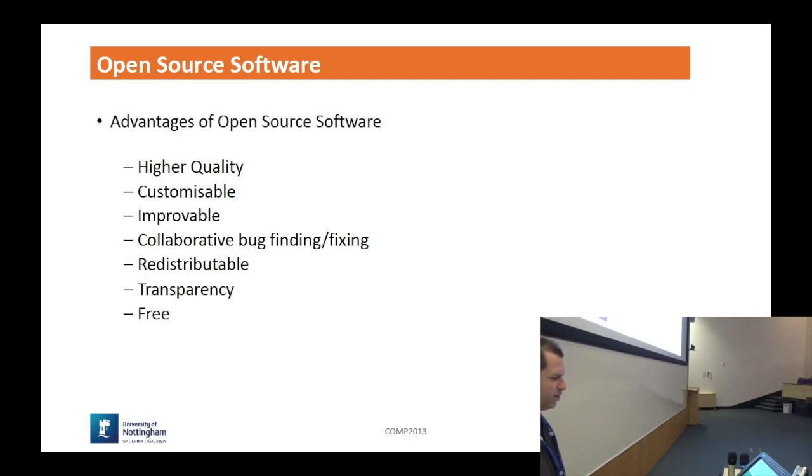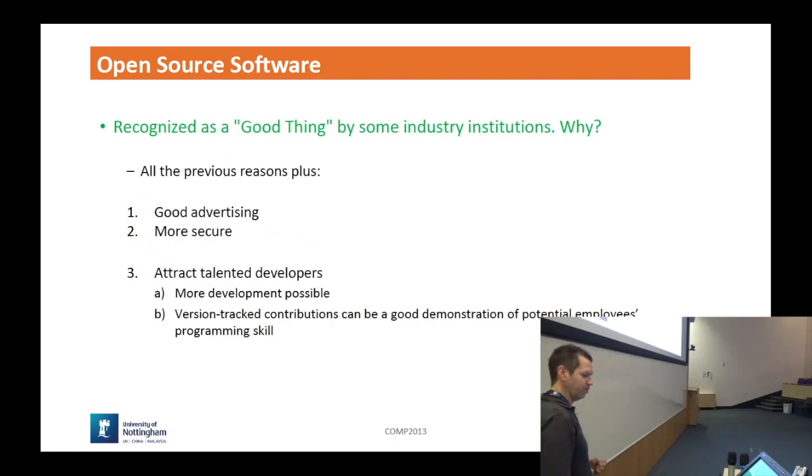And this is also recognized as a good thing by some industries, right? There are two sides to the coin, right? But I think over time, more and more industries recognize the value of this idea. It can be good advertising. It's also generally accepted as being more secure. Can anybody remember that web server example that I showed with Linux versus Windows?